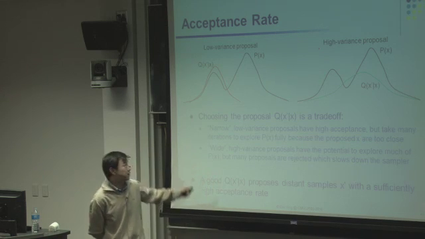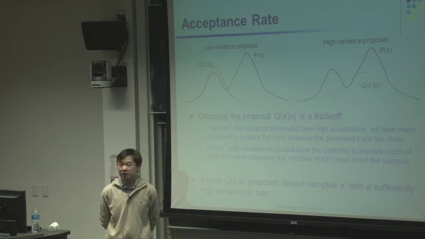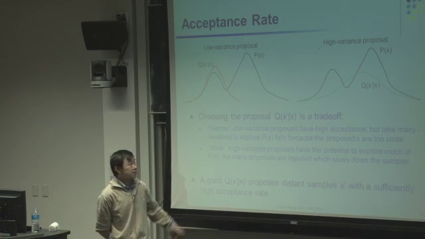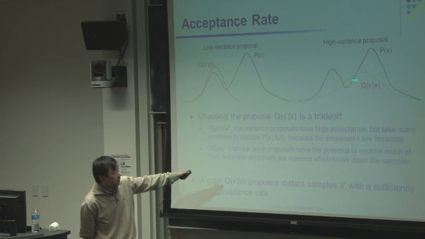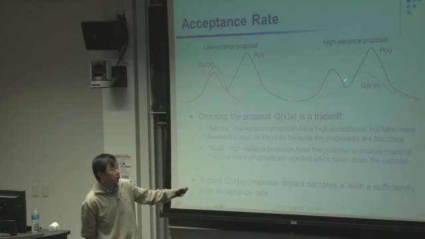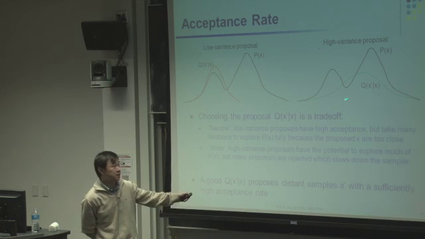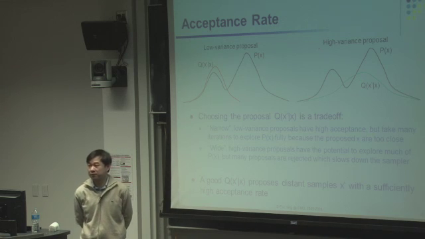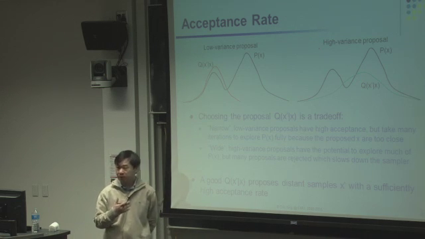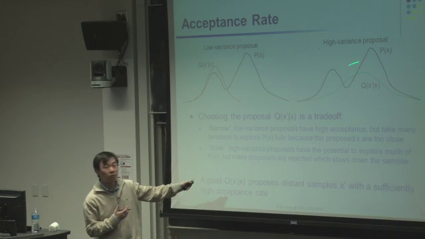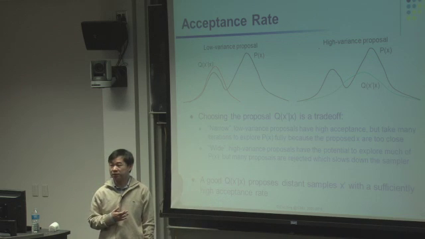Then you should expect such a Gaussian type of distribution may not be a good idea. Instead this one, which is more spread across, will get you a better chance of moving into different modes. So this is again an art, because you don't really know the true shape of the true distribution.